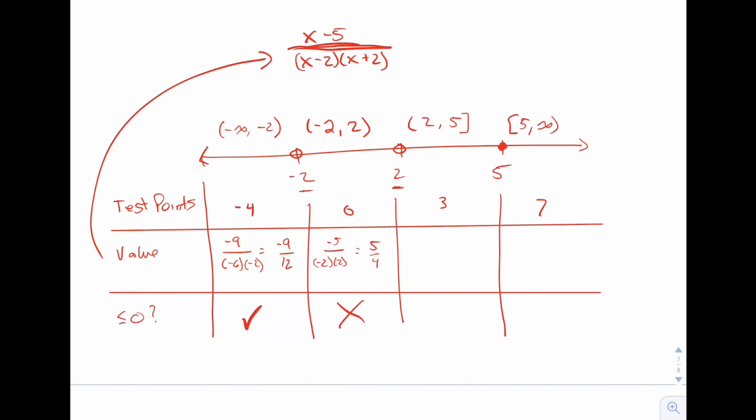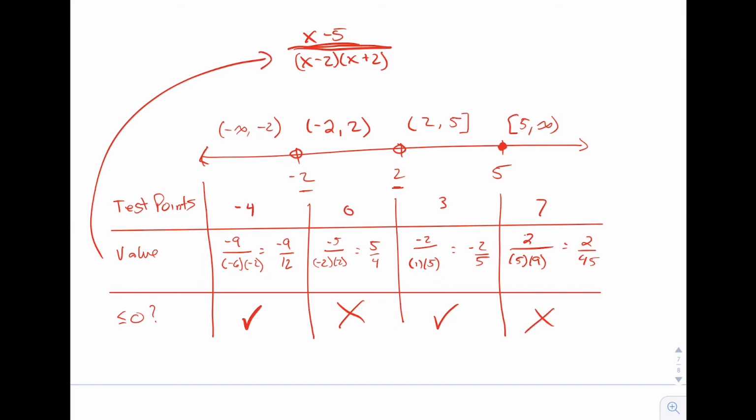If I look at 3, I'll get negative 2 over 1 times 5, which gives negative 2 over 5. Yes, that is less than or equal to 0, so I want to include that point. And if I plug in 7, I'll get 2 over 5 times 9, which is going to be 2 over 45.